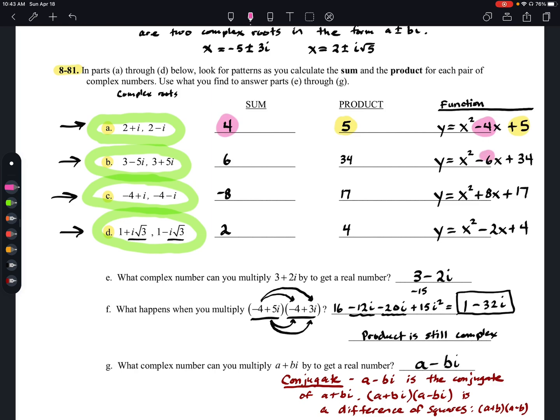Notice on each of these, our middle term is the opposite of the sum of the roots, and then our back term is the same thing as the product on each of them.